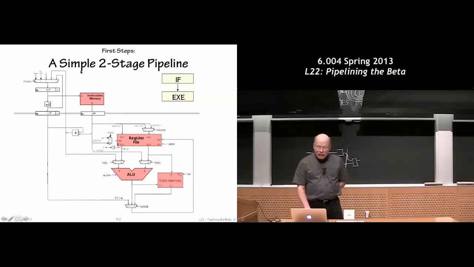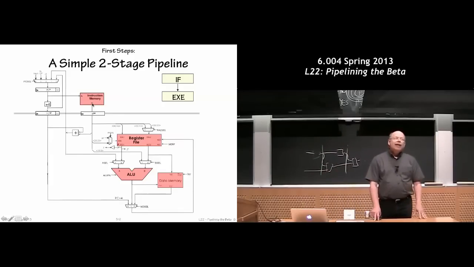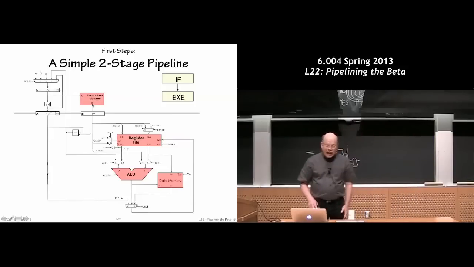So the savings I'm getting is that the time it takes to do the instruction fetch is no longer added to the time it takes to execute an instruction, in terms of our timing budget for how long a cycle takes. In one cycle, we will in parallel both fetch an instruction and execute the one that we fetched in the previous cycle.